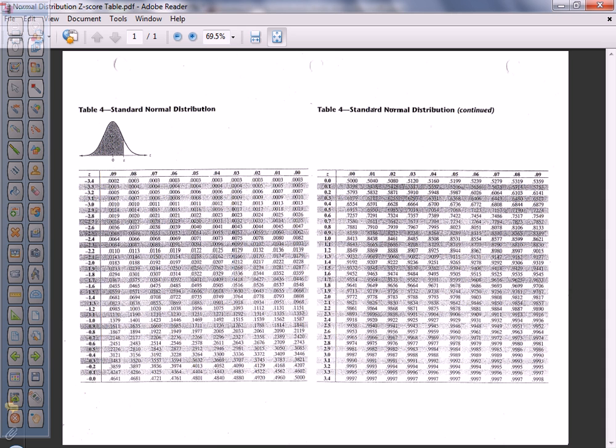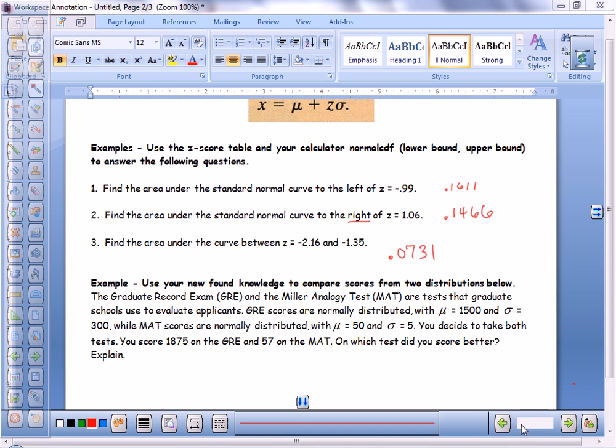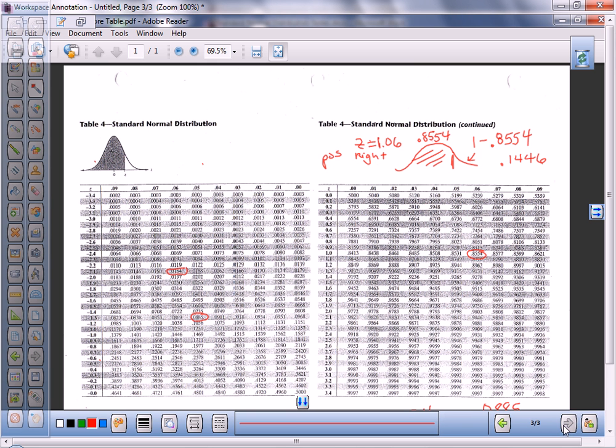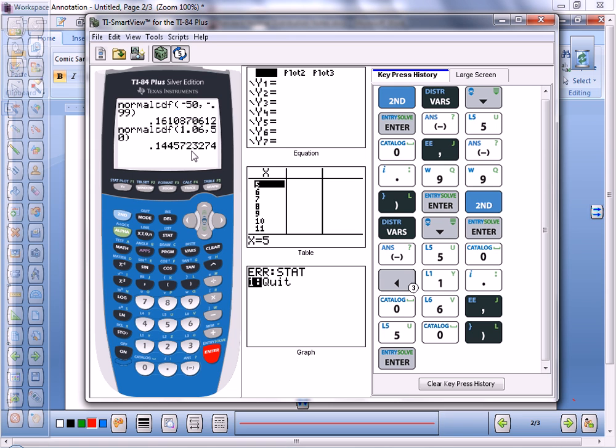I wrote it right there and copied it wrong. Sorry, guys. This was supposed to be 0.1446, and that's exactly what we got on the calculator. So if you want to do to the left, you do normal CDF, negative 50, comma, your z-score. If you want to do to the right, you do normal CDF, your z-score, comma, positive 50. That's how you can find the area under the curve using the calculator.